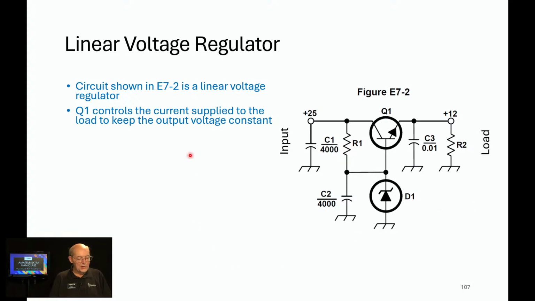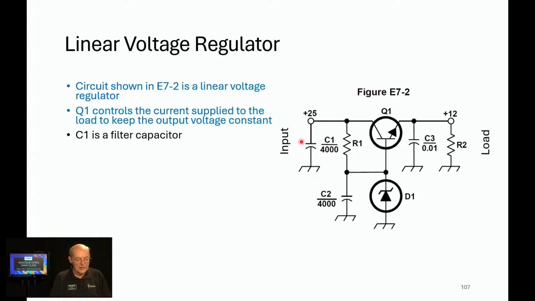And as we said, Q1 controls the current supplied to the load to keep the output voltage constant. So here's the load, our transceiver in this case. We've got the input. I don't know what they typically run, but in this case it's 25 volts DC. And then the pass element will step that down to the 13.8 that the radio needs.